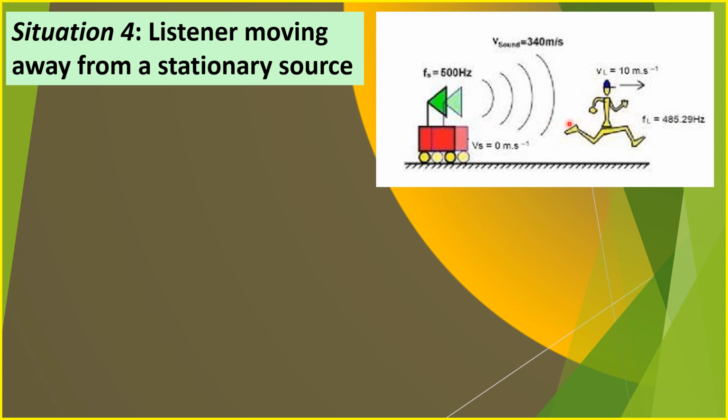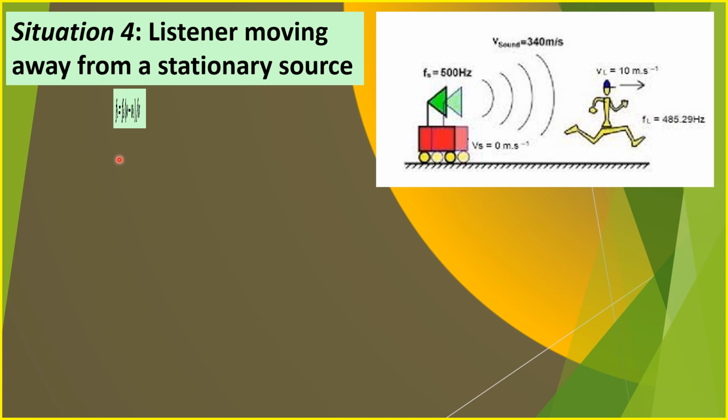Because the observer is moving away from the stationary source, the wavefronts of sound reaching him are getting more stretched, resulting in a longer wavelength, and that corresponds to a shorter or lower frequency, or lower pitch of sound.